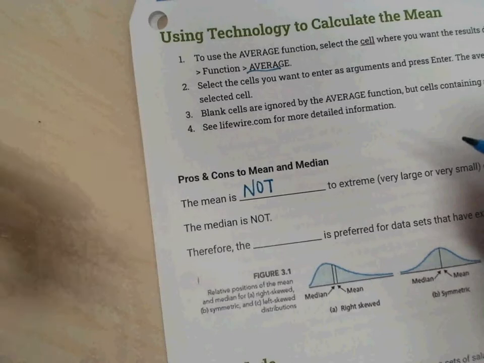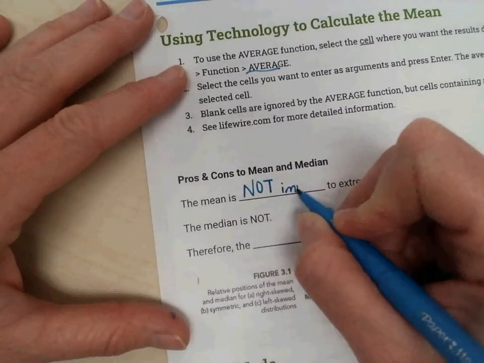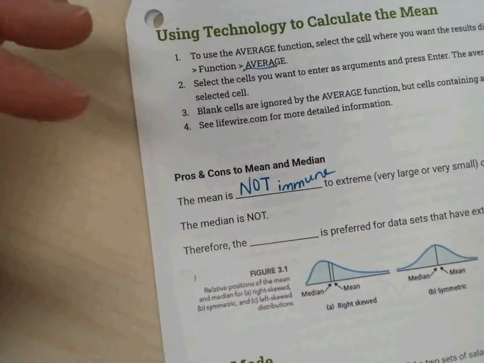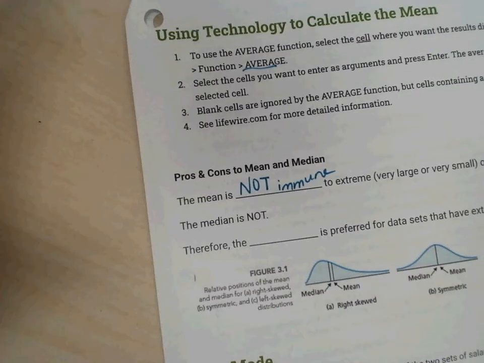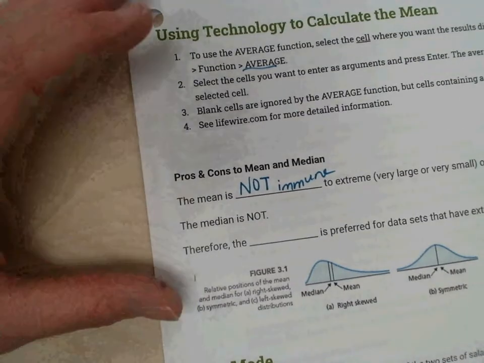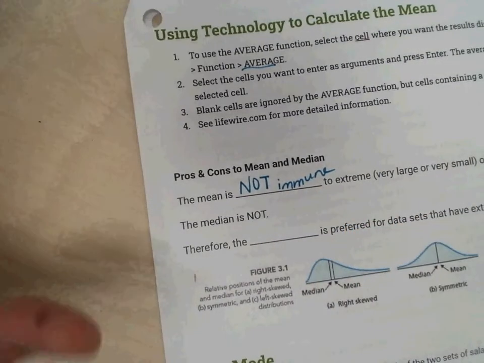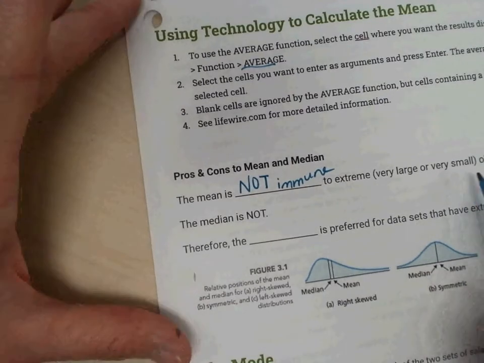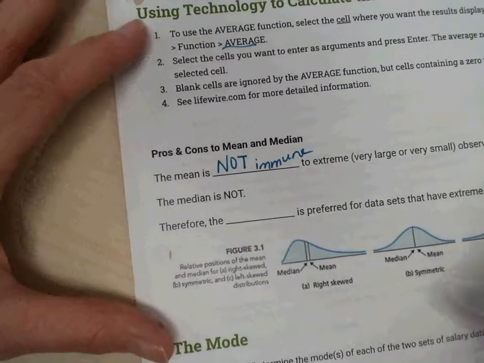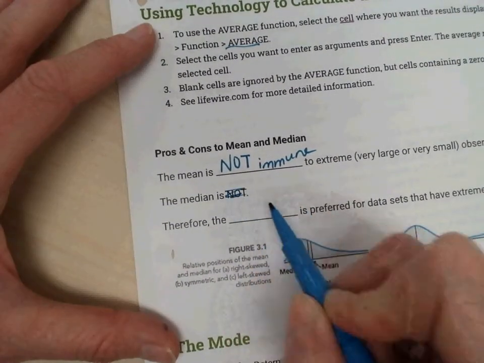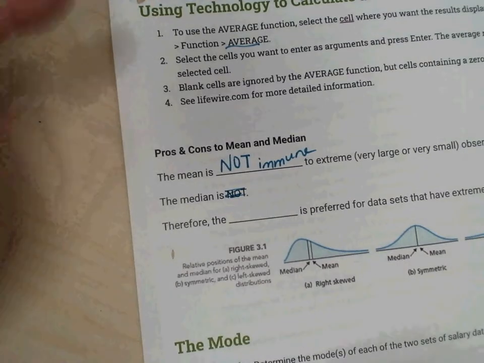Well, what's the word? Immune, yeah, we're going to just say immune to extreme observations, right? It is affected. It is not so impacted. It is not impacted, immune, whatever you want to say there, to extreme or very large or very small observations.